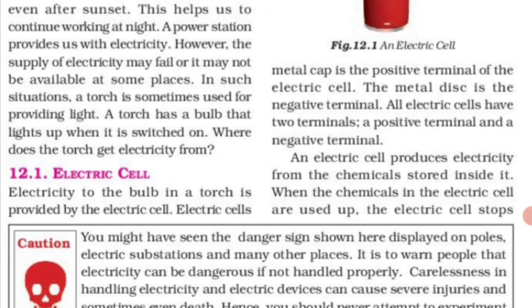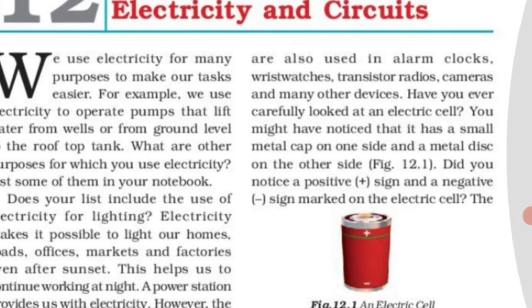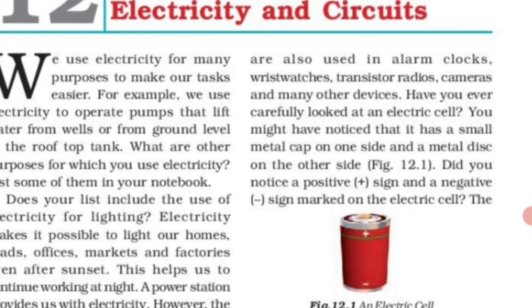The torch gets its electricity from the electric cell. Electricity to the bulb in the torch is provided by the electric cell. The electric cell, as you can see shown here, is used in many items like alarm clock, wristwatch, transistor, radio, camera and many other devices.